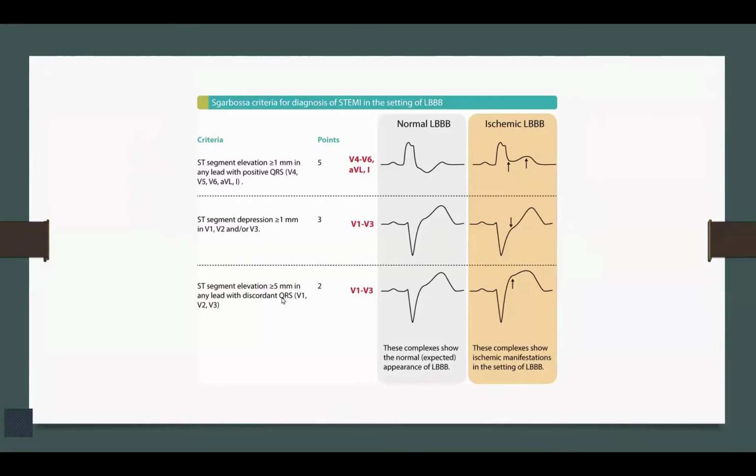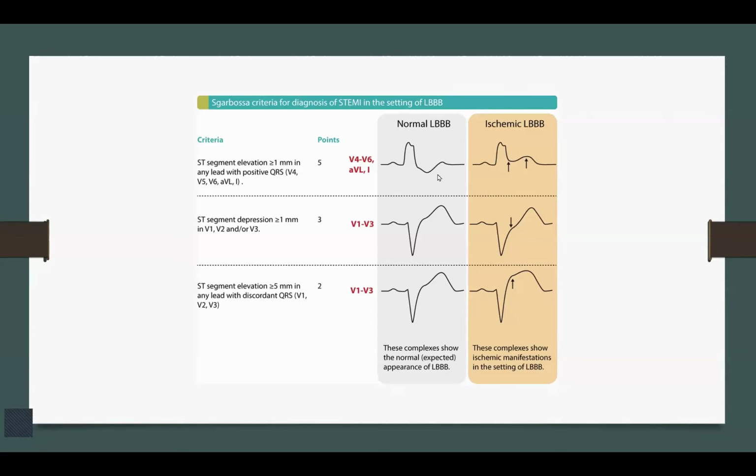So we're going to give you a couple more visuals. Focus on the gray box in the middle, and then the yellow-orange box on the right. If you were adding a point system, there's also the standard Scarbosa, not the modified Smith one. This is what they mean by the point system. The first criterion is ST elevation greater than 1 millimeter in any lead with a positive QRS, so that would be V5, V6, 1, and aVL.